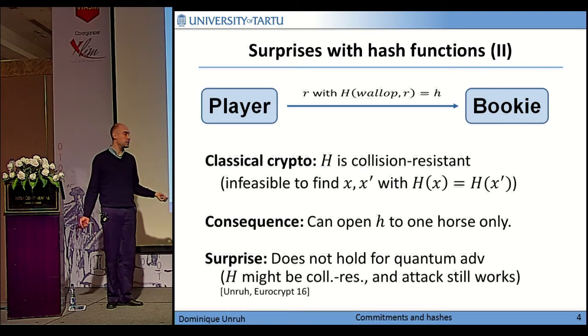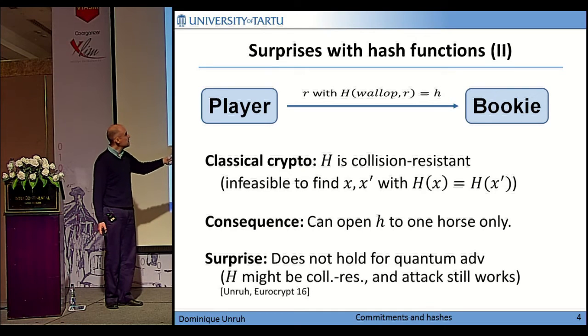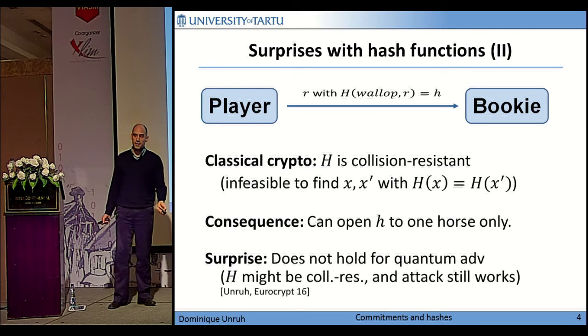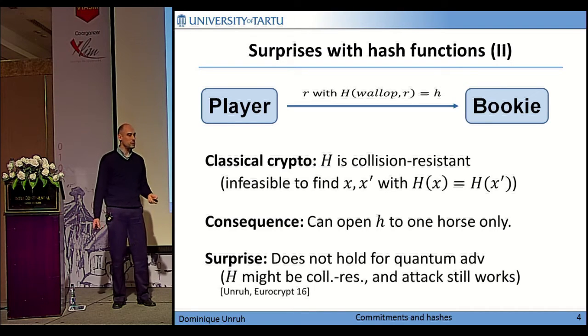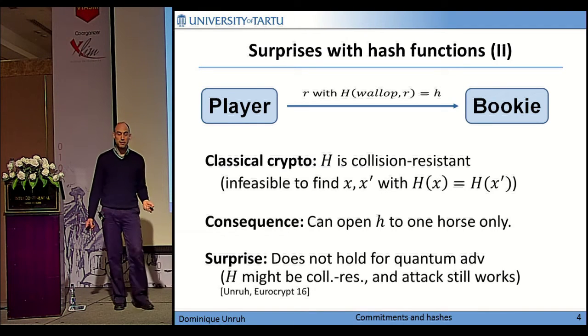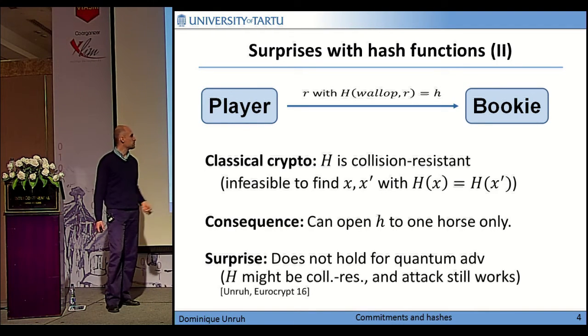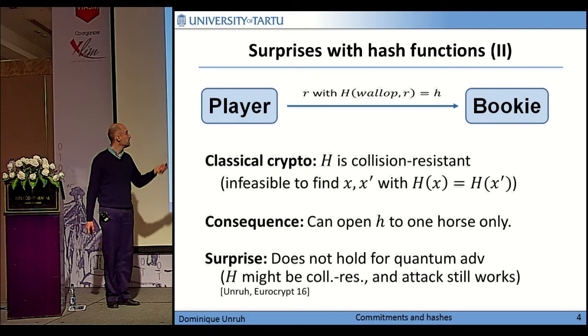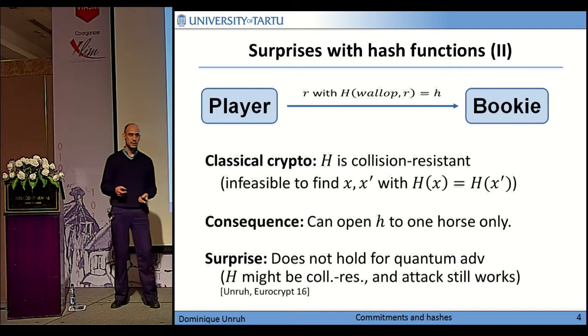Collision resistance means that it is infeasible to find two different inputs to this function that have the same hash. Therefore, the player cannot find one input which contains Walloping Waldo and another input that contains Spicy Spirit that have the same hash. The consequence is that H can be opened to one horse only, and not two.